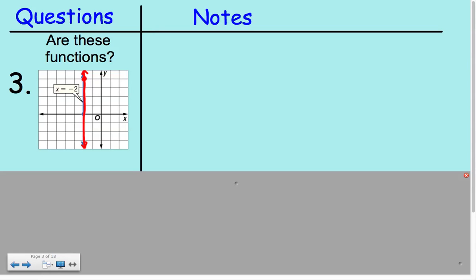Right here, right here, and so on. Since they're both directly on top of each other, they will continue touching forever because these lines continue forever. Did we only make one red dot on our red line? No, we made lots of red dots. So this one would be no, and the reason is that it fails the VLT.